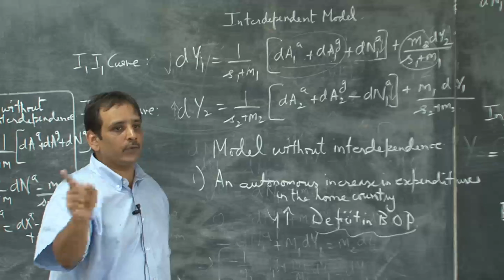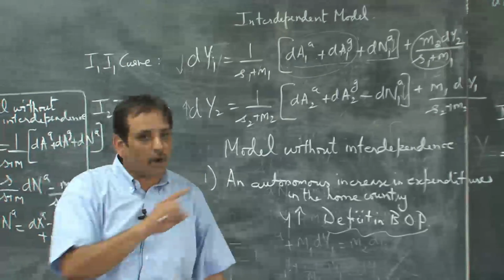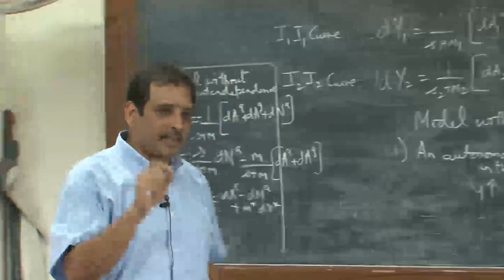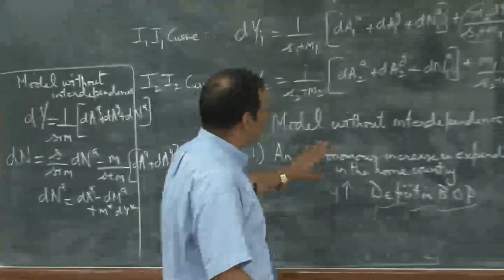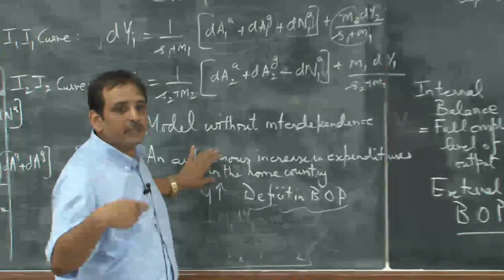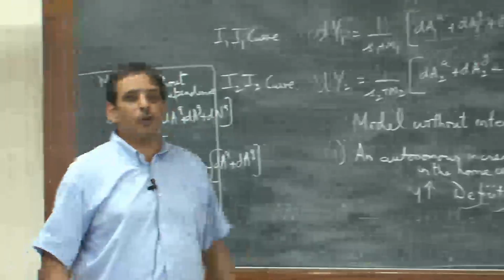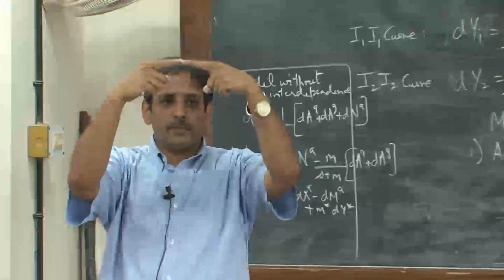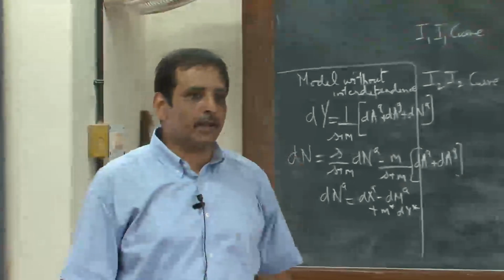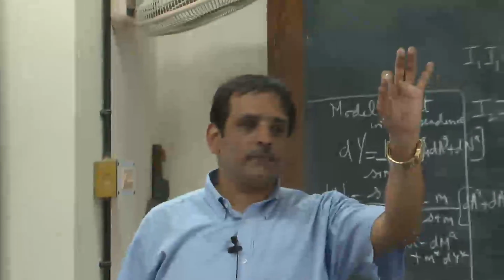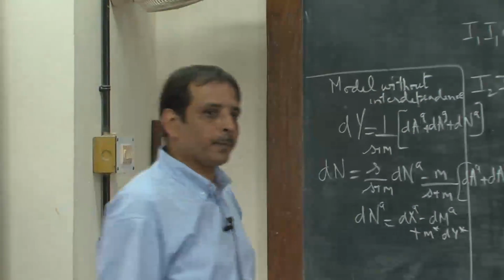So expenditure switching policies are not the right policies in case there is an autonomous increase in expenditures. Only expenditure changing policies are appropriate from a national point of view to bring your economy back to equilibrium. That is, you achieve internal and external balance.